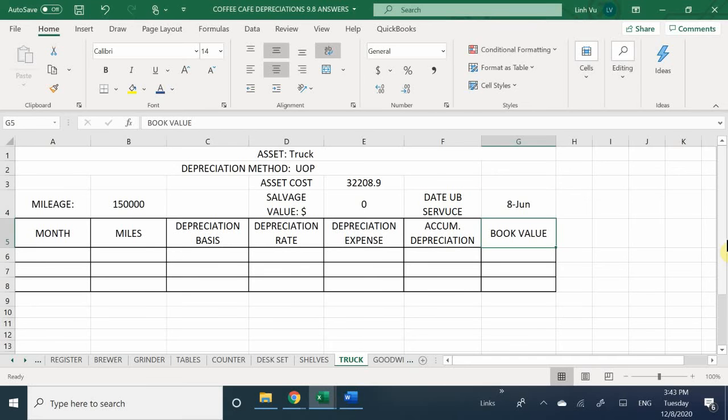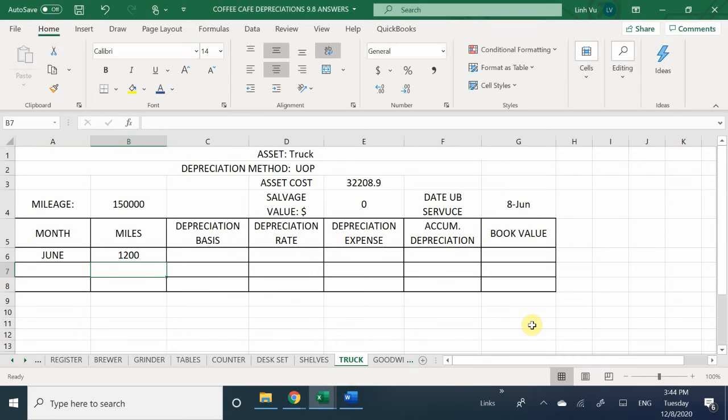Okay, so my date in service is going to be June 8th. All right, good. So let's do some refreshing here. Month is going to be obviously June. Now, how many miles did I drive this month in total? 1,200. Okay. Now, this is going to take a lot of brain power, so you need to have your formulas ready.